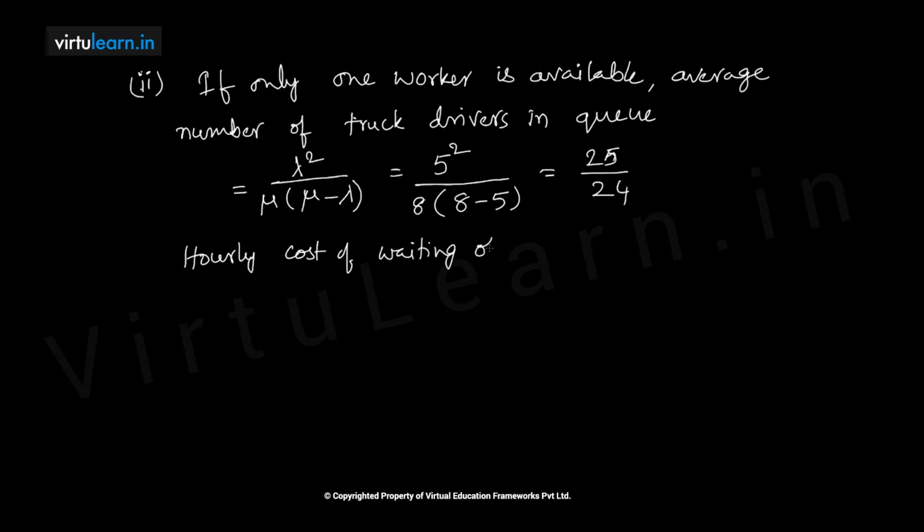That means per hour 50 rupees, because the shift has 8 hours. Or we can say the hourly cost of waiting of truck drivers is given by 25 by 24 into 500 by 8, which will give us 65 rupees 10 paise.